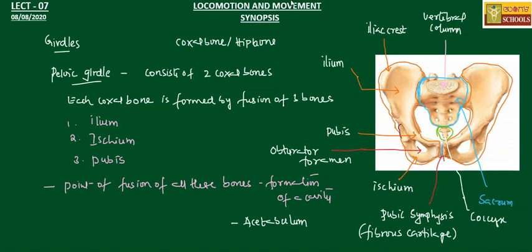This is the point where the ilium, pubis and ischium fuse together, and this results in the formation of a cavity, which we call the acetabulum.